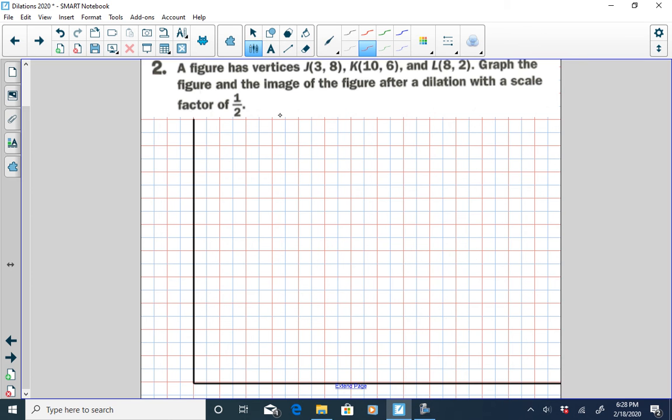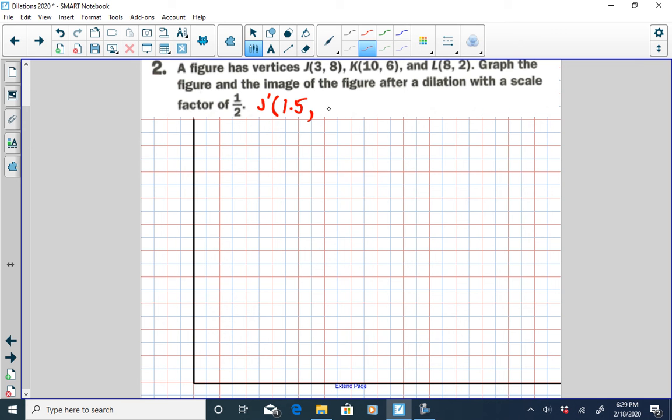J prime. So if I start with J prime, J prime is going to be located where? Well, if my scale factor is 1/2, I take each of the values in my ordered pair and I multiply them by the scale factor. All right, so my scale factor is 1/2 here. So J prime, I take the scale factor, multiply 1/2 times 3, get 1.5.